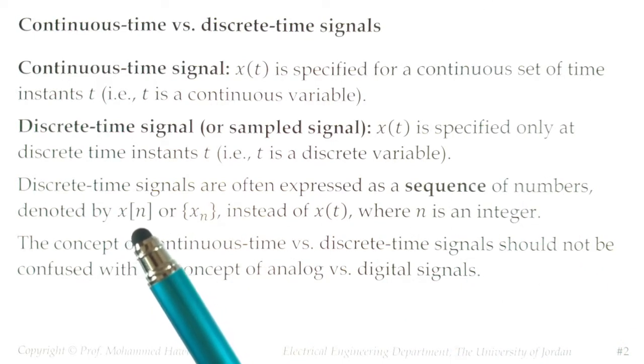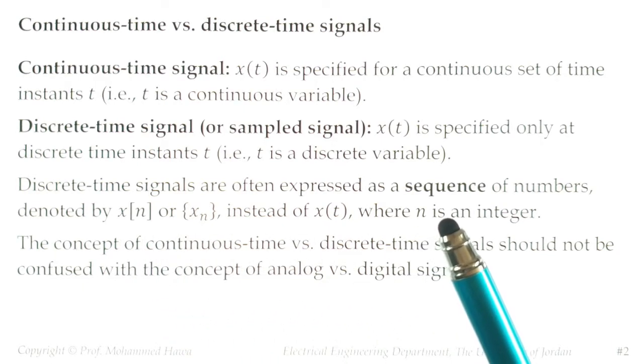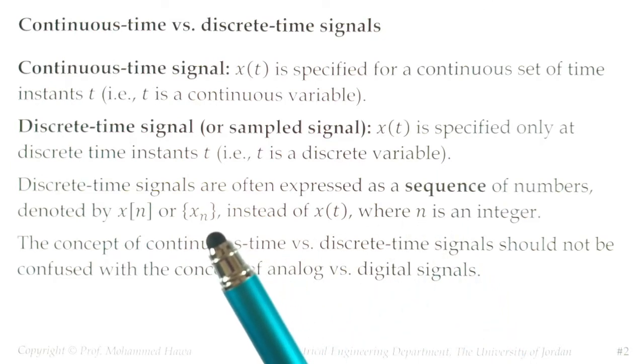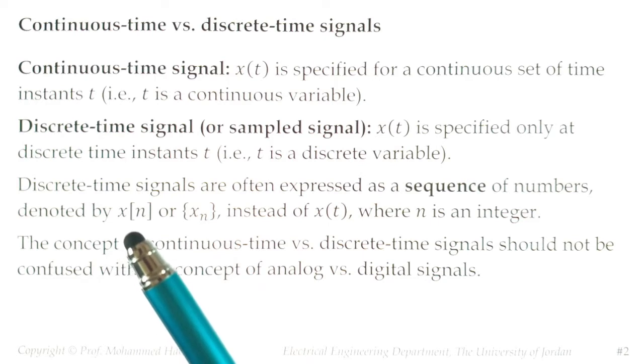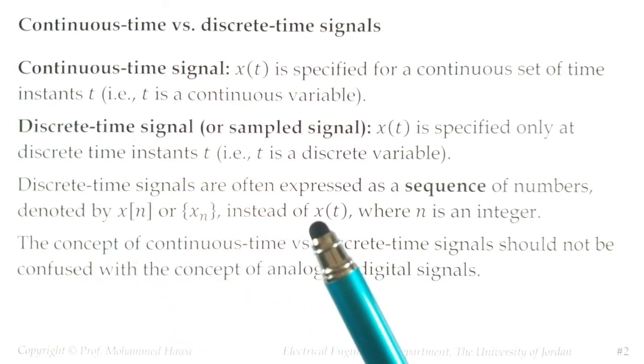So instead of saying x of t, we say x of n to indicate that this is discrete, where n is an integer. Sometimes we use the set of x sub n also to represent the discrete sequence, which means a discrete time signal. And we keep x of t to represent the continuous time signal.